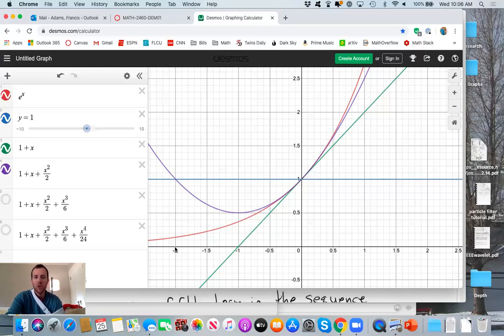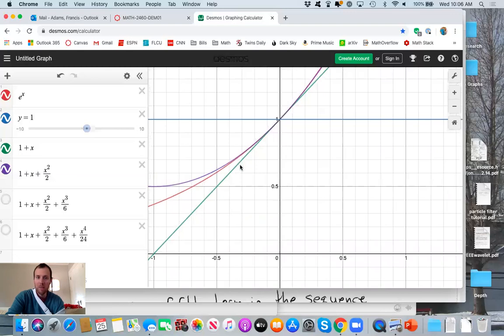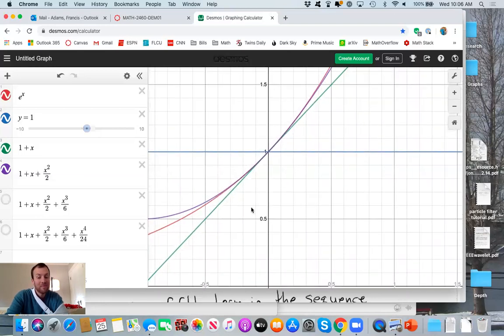The red line is e to the x, the green line is the tangent line, so the green line is pretty good close to x equals 0, but it gets worse as you get further away. The parabola, on the other hand, sticks close to e to the x pretty well. As you get further away, it gets worse, but close to 0, it's even better than the tangent line.